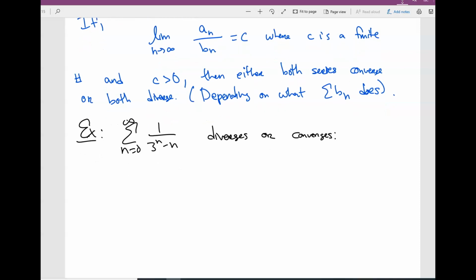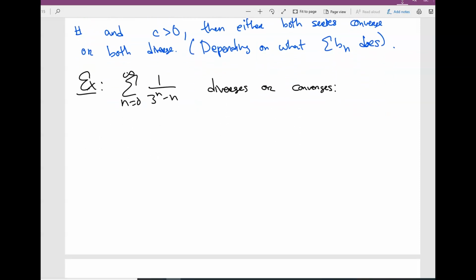That's what we want to determine. So a sub n is 1 over 3 to the n minus n, because that's what was given to me. And b sub n is going to be equal to 1 over 3 to the n, because that was what we were comparing it to.